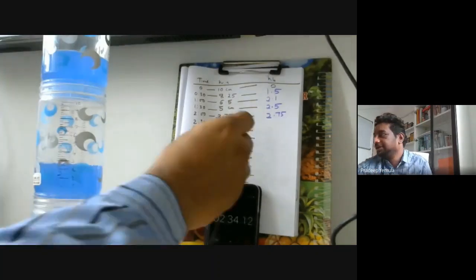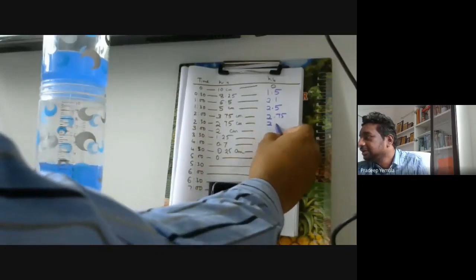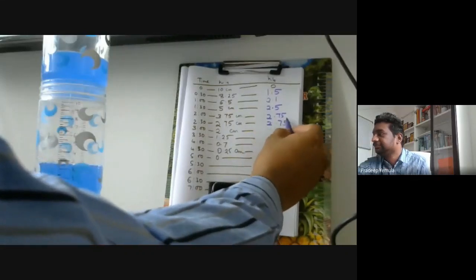So again we'll wait until 2.5 minutes. 25, 26, 28, 29, 2.5 minutes, and the height is still 2.75. I think now we have reached the maximum height.